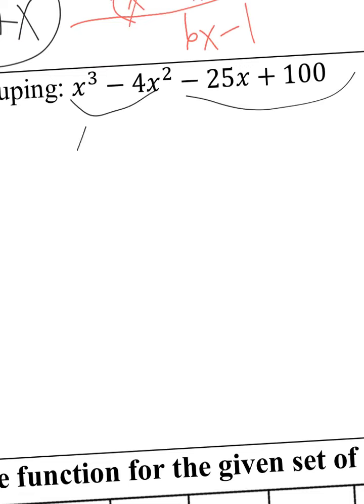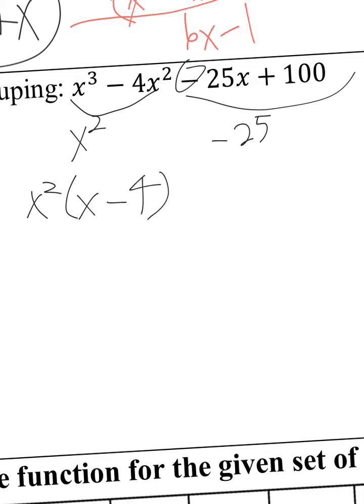Number 9, factor by grouping. Group the first pair together. What can you factor out of the first pair? That'll be x squared. What can I factor out of the second? If this is negative, make your greatest common factor negative. So I'm going to factor out a negative 25 from the second pair. Dividing x squared from x to the third leaves me with x, and minus 4 from minus 4x squared. Then dividing each term by minus 25 leaves me with x minus 4.